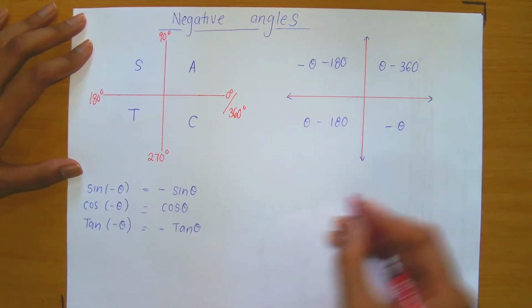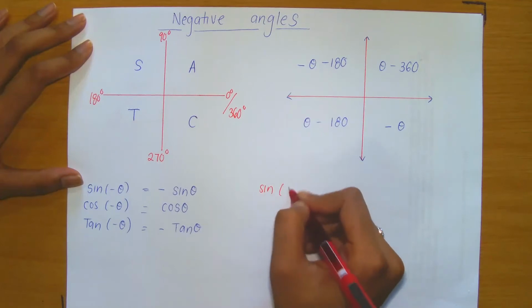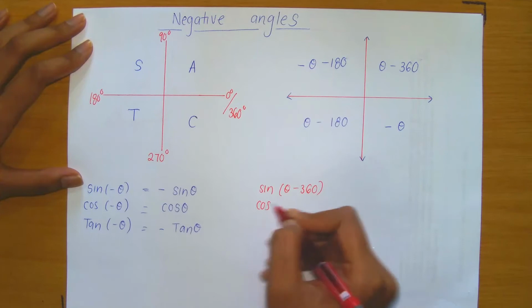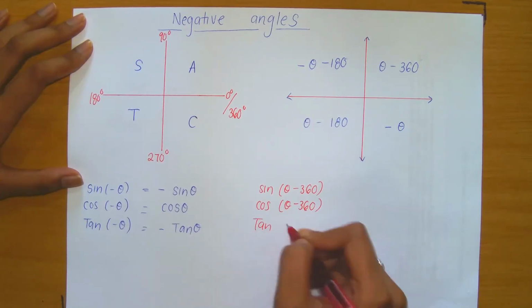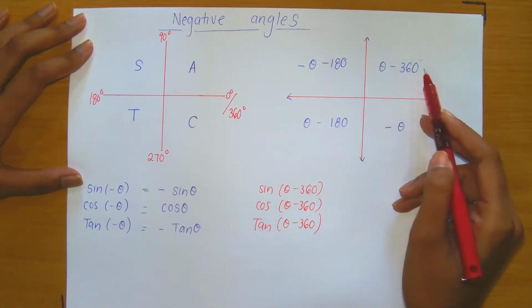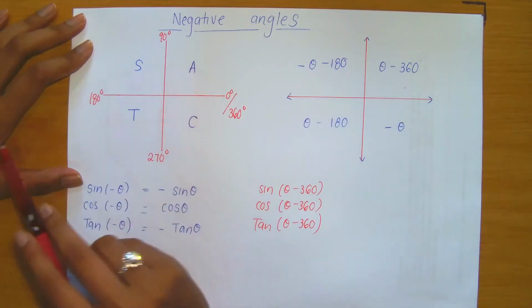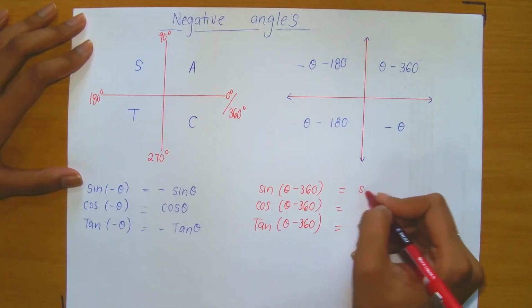Let's now look at theta minus 360. Right, so if I had to take sine of theta minus 360, cos of theta minus 360 degrees, and tan of theta minus 360 degrees, and observe theta minus 360 is in the 1st quadrant. In that quadrant all ratios are positive, so we know that we are going to get back positive answers.